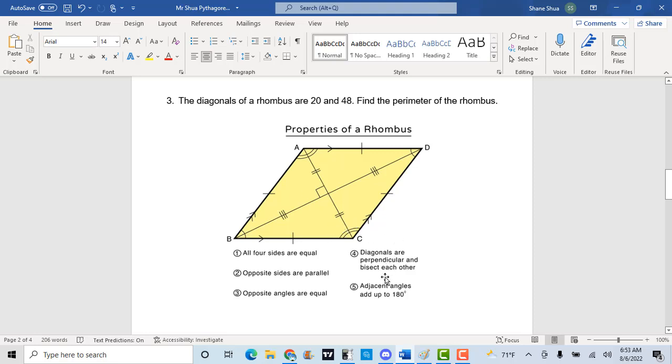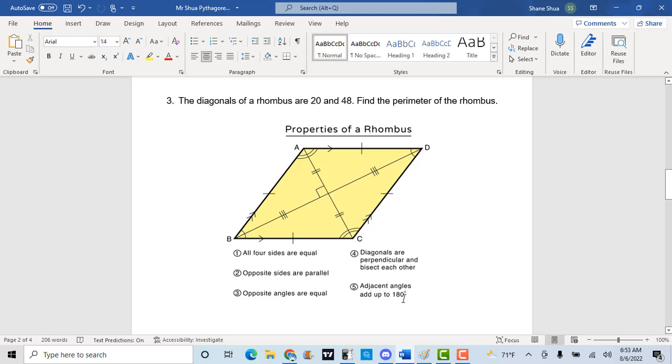The diagonals are perpendicular. Here are your diagonals. They're perpendicular, which means that they form right angles, 90-degree angles. And they also bisect each other, which means that this length is equal to this length is equal to this length because they're bisecting.